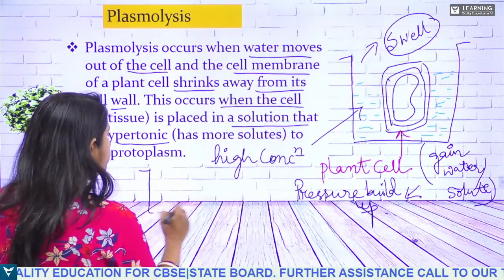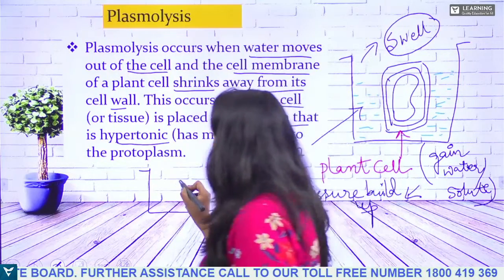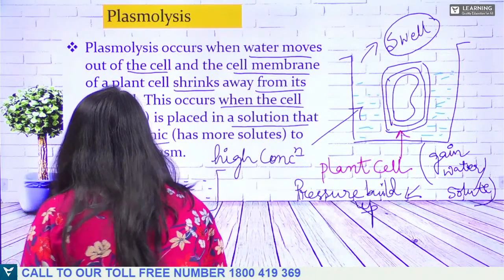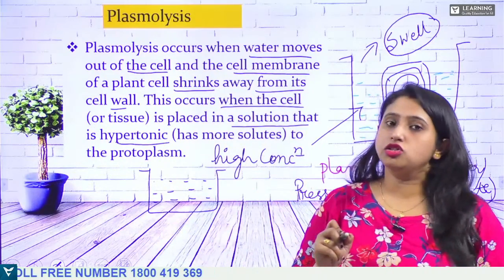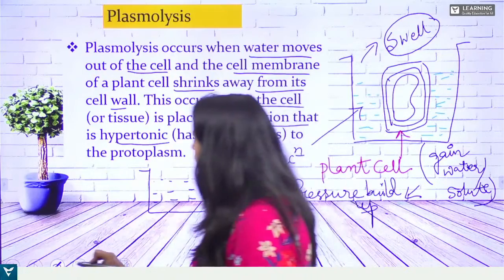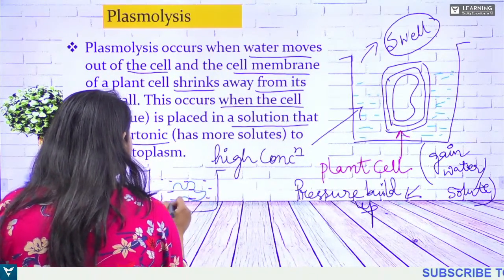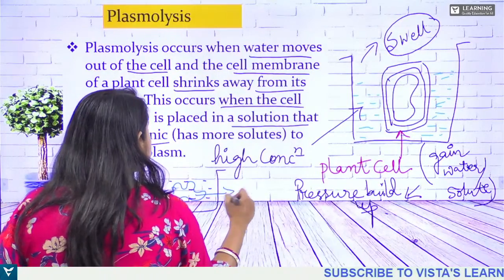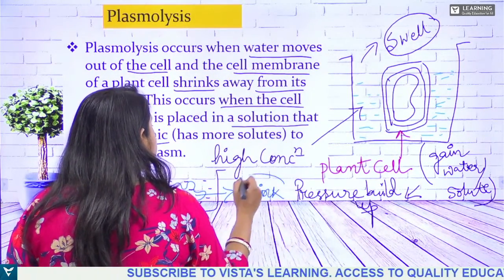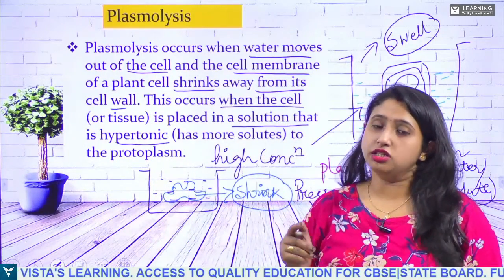But if it is placed in a solution of much higher concentration, where the outer environment is of much higher concentration, the water will move and the cell will shrink. So this is called plasmolysis.